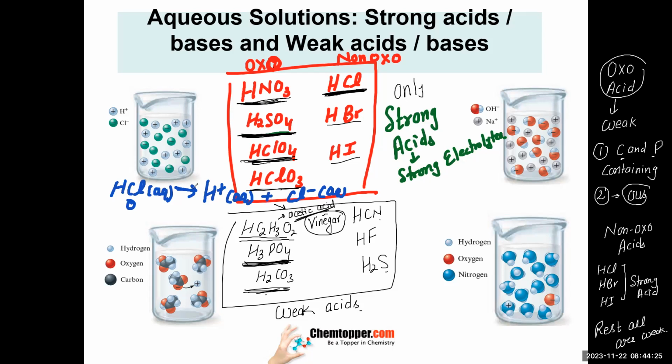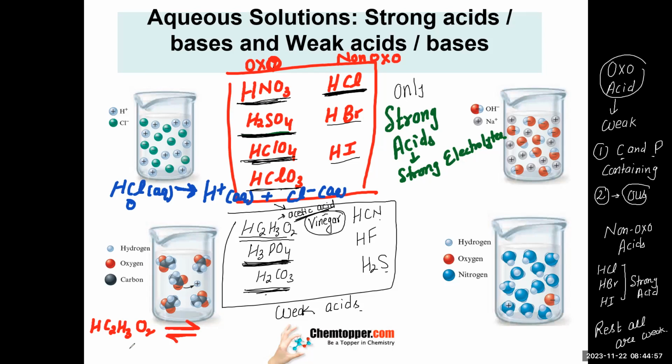So you put a single arrow because there is nothing of this. But in this example, it is only slightly dissociated. Most of it is undissociated. Out of 5, only one is dissociated. It's a very weak acid. So when you are writing for this, you have to put a double arrow.